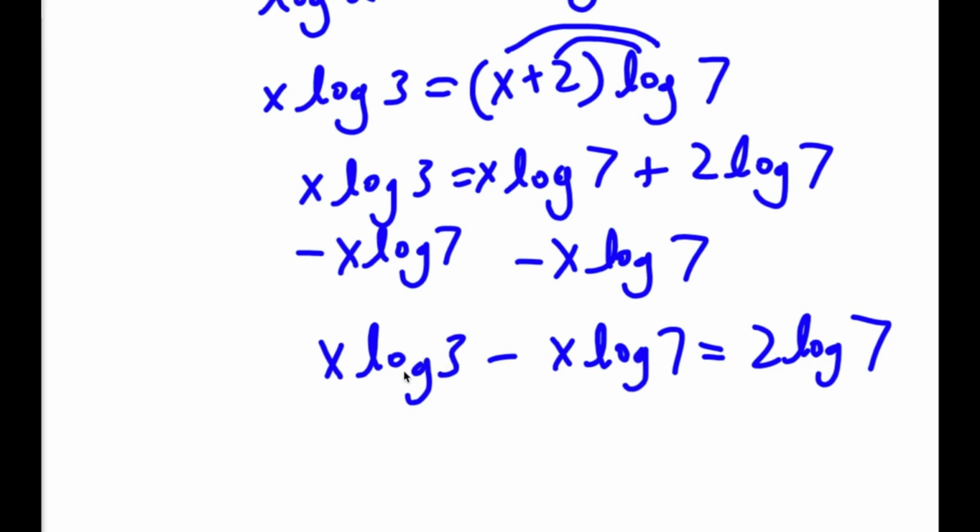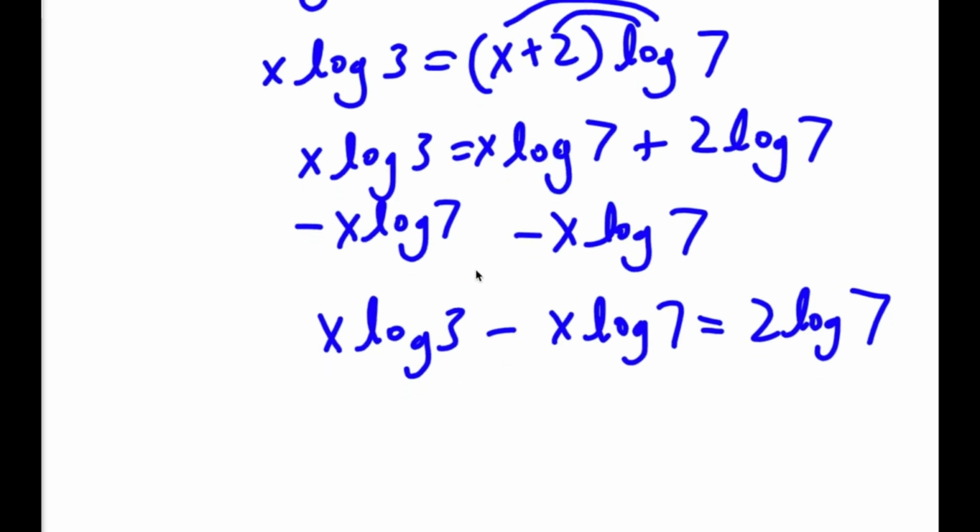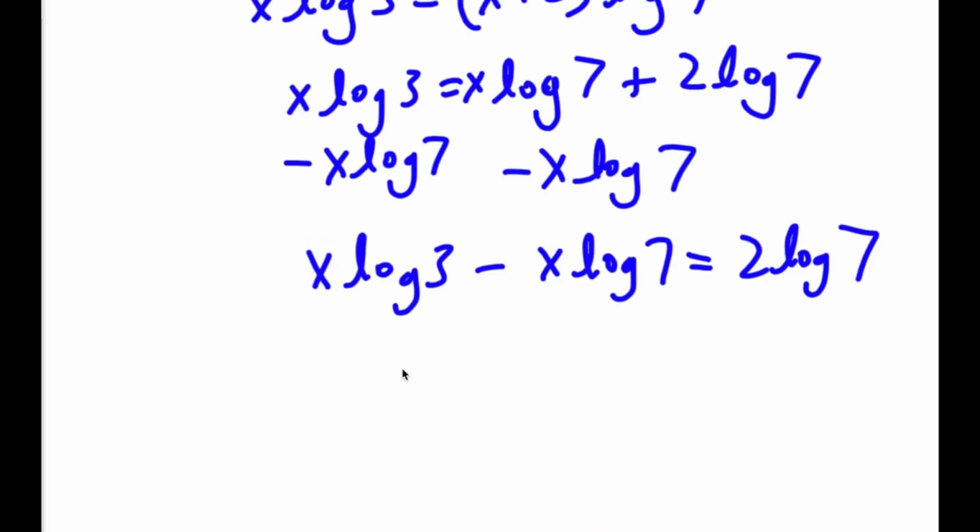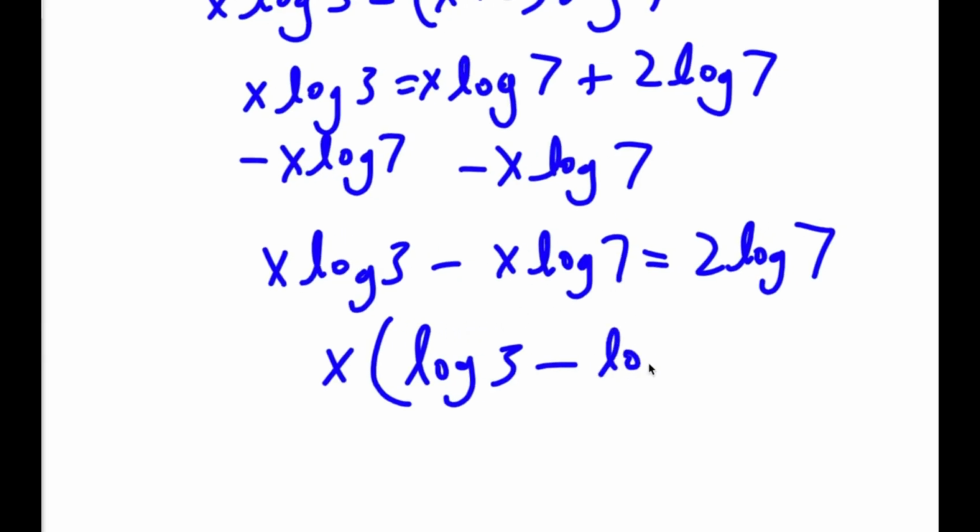Now, from these two terms, I can simply factor out x, because both of these terms have x in them. So now I have x times log 3 divided by x is simply just log 3. And minus x times log 7 over x is simply log 7.